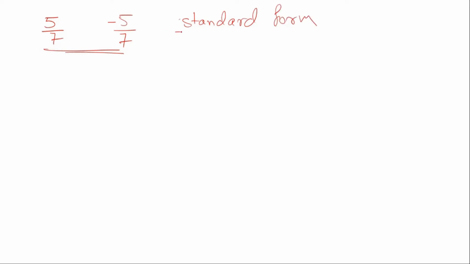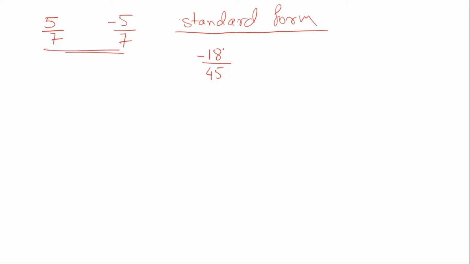Let me take one example to explain this topic. Suppose we have the rational number minus 18 by 45. To convert this rational number into standard form, we have to cut both numerator and denominator, or you can say divide both numerator and denominator by the same number.